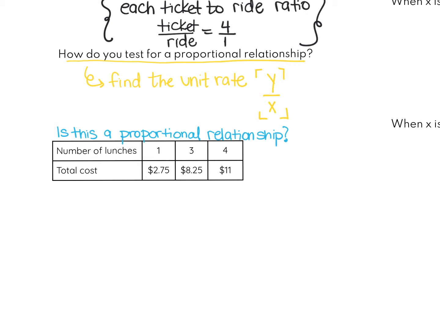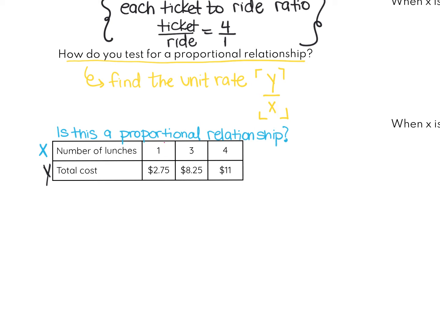The number of lunches compared to the total cost. The number of lunches would be the input, or the x. The total cost would be the output, or the y value. So we are going to find the unit rate, y divided by x.